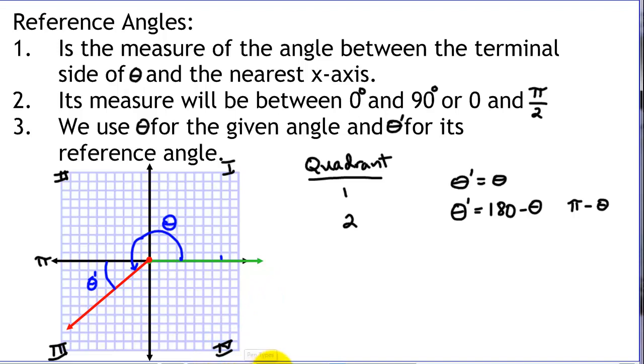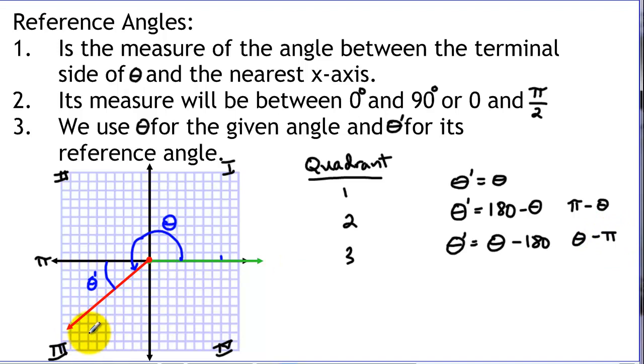If we were trying to calculate that in quadrant 3, the entire angle is to here, and if we want just this piece, we've got to subtract off this 180 degrees. So theta prime is going to be our given angle minus 180, and in radians, it would be our given angle minus pi.